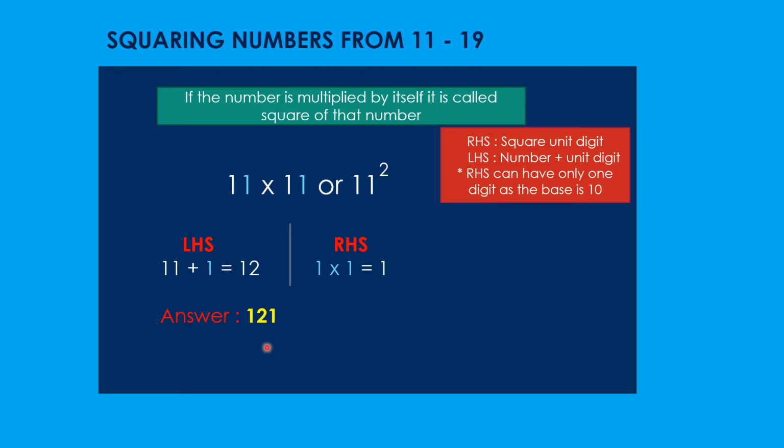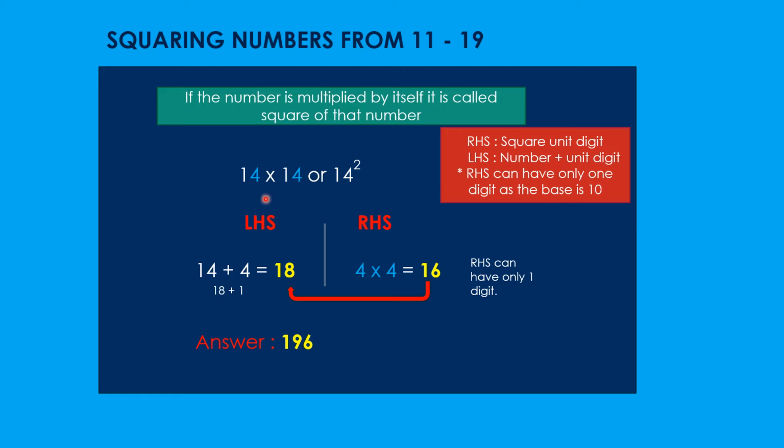One very important thing to note is that RHS can have only one digit, as the base is 10. So when we are squaring the numbers from 11 to 19, our RHS should have only one digit. We'll take one more example where we get two digits at RHS.